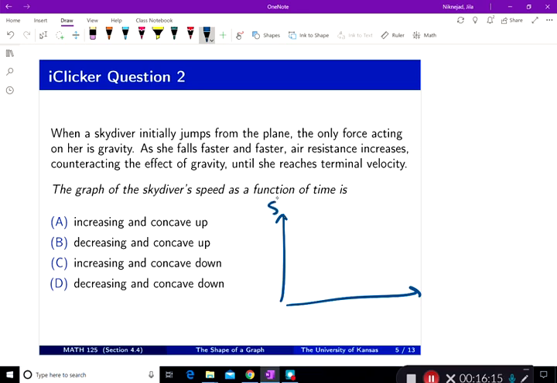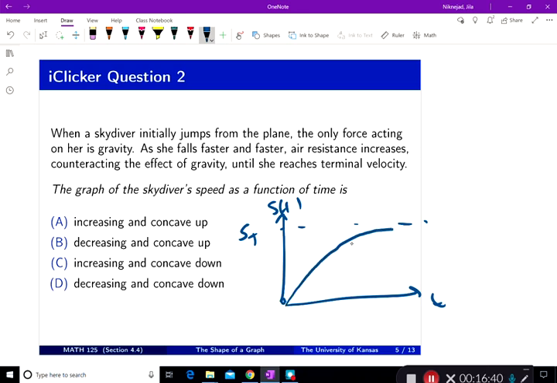So speed and time, s of t, and I know there's a terminal speed here, and the skydiver starts from 0 down here, and then the speed goes higher and higher, but doesn't reach that because of the air resistance.